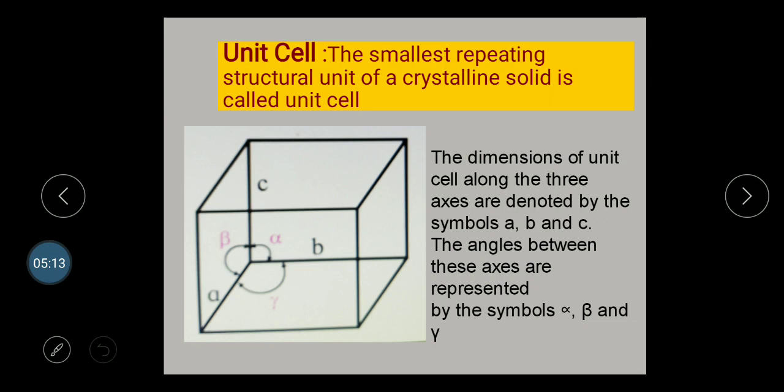Depending upon the angles and the a, b, c lengths, our solids will have different crystalline structures, and that is known as lattice structures. More importantly, it is known as Bravais lattice structure, which we will study later on.